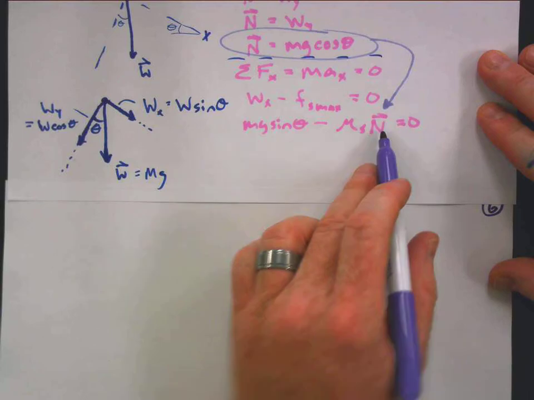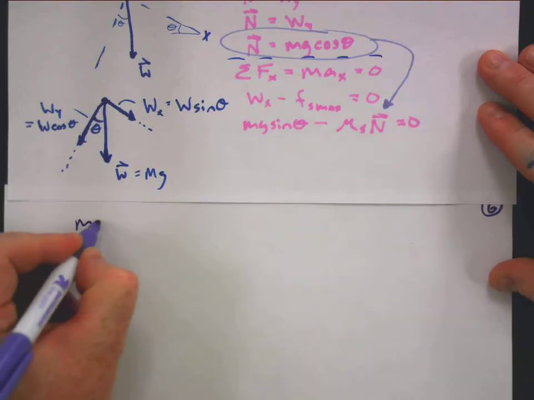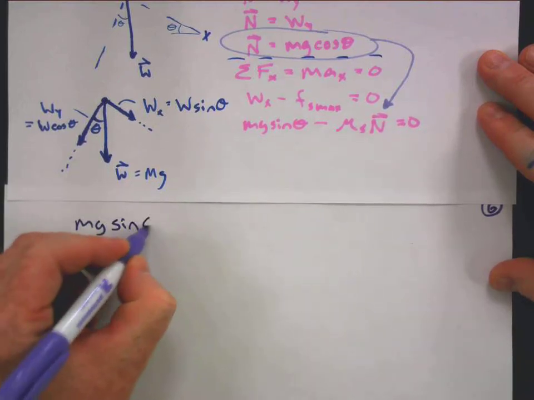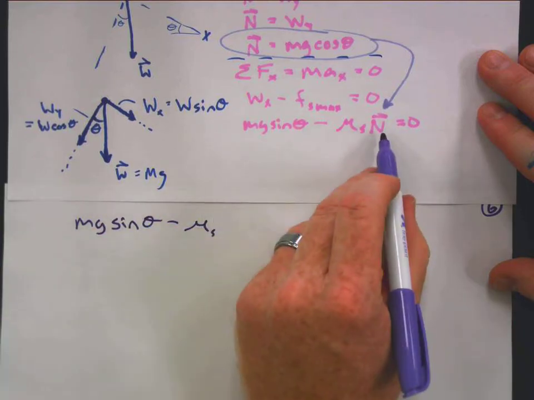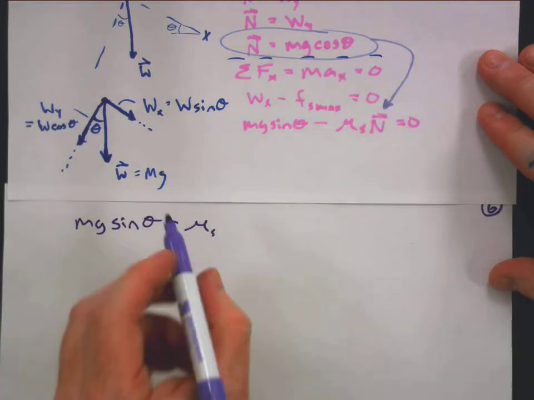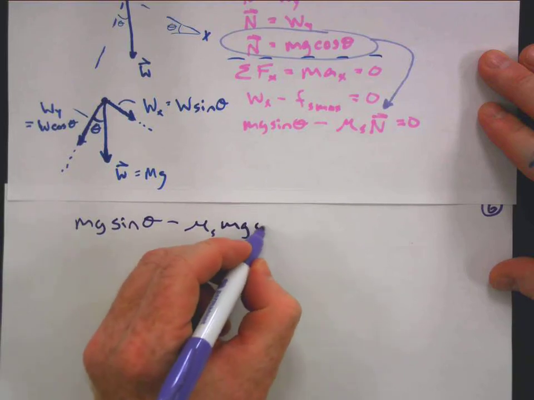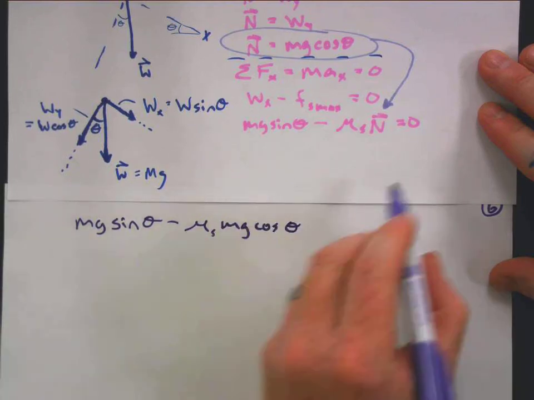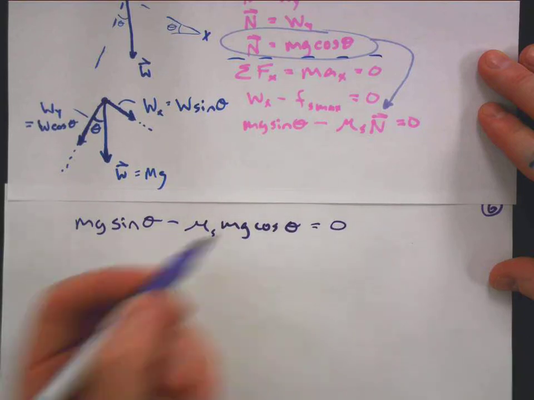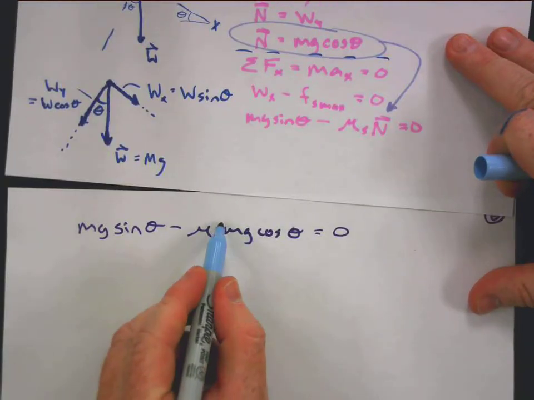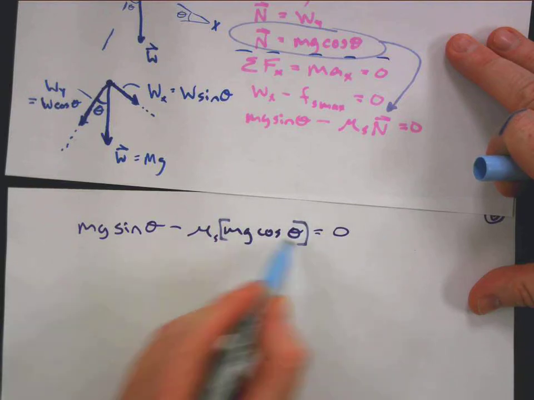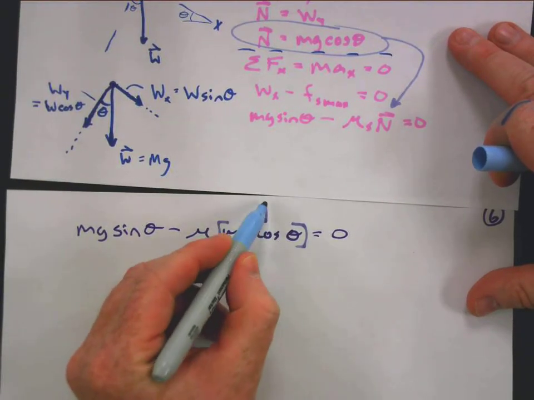First I'll do my substitution and keep this very straightforward. mg sine theta minus coefficient of static friction. Now instead of writing normal force, I'm going to write mg cosine theta. And the sum here equals 0. So my substitution was right here. That used to be normal force, okay?